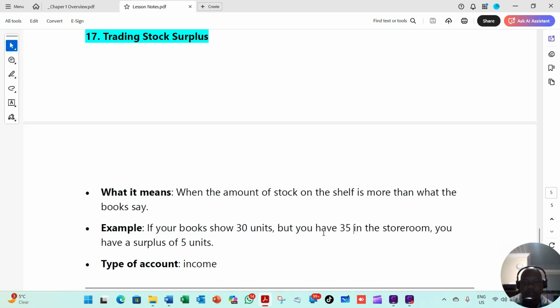That could be the reason, because how come the books show a low amount of stock, whereas in the warehouse there is more? So they might have forgotten to record this, but we classify that as an income.